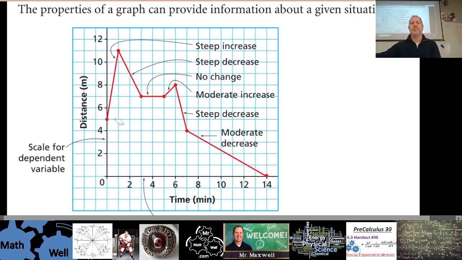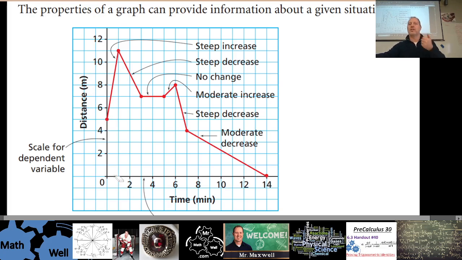Now, the points are obviously important. Let's first talk about that. This point right here, right on the y-axis, the distance axis, represents 0 time and a distance. So at the very start of whenever we started measuring this situation, the person or the object was at 5 meters, is the unit here, at 0 minutes.